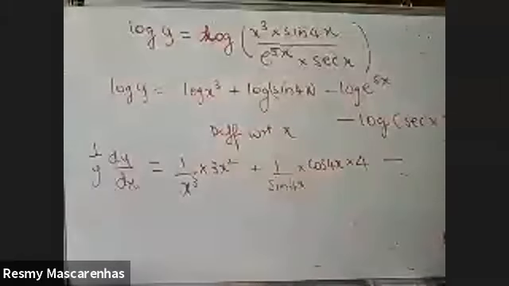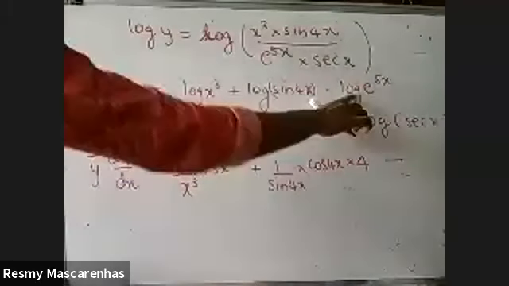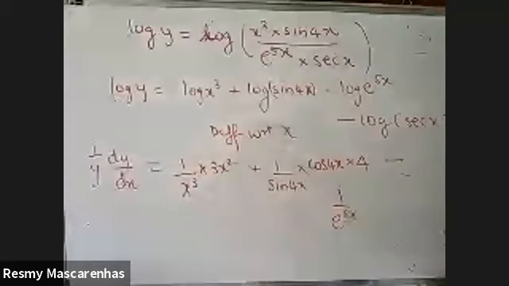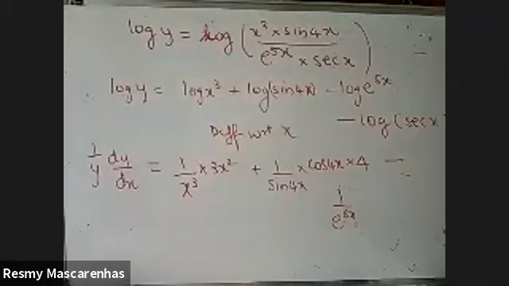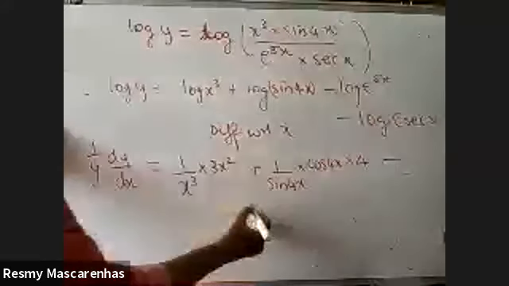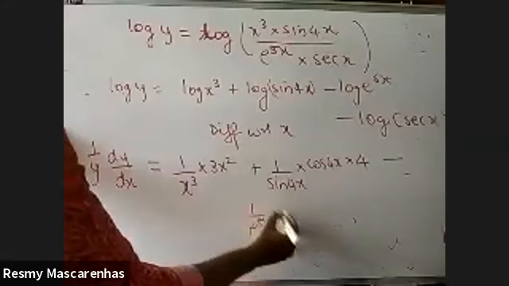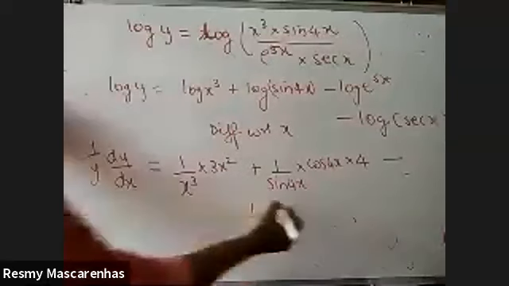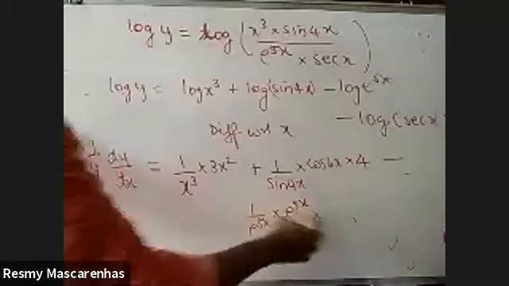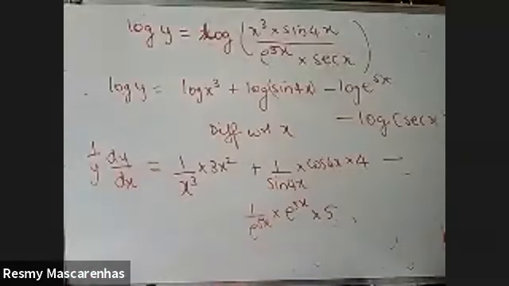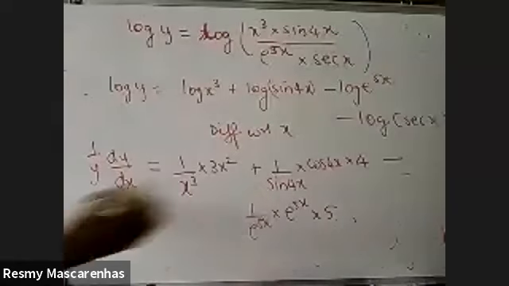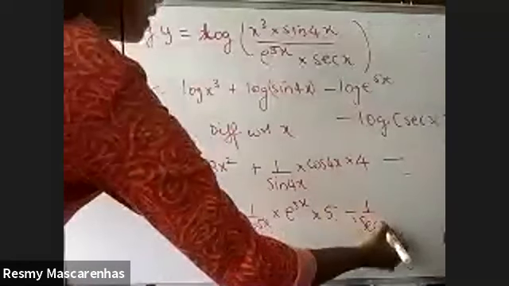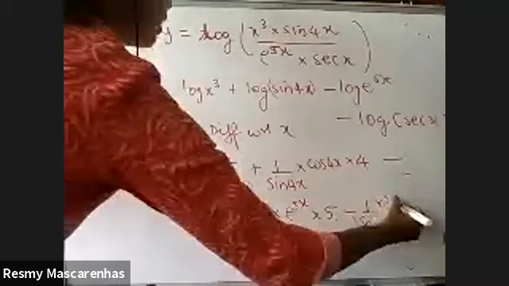Then minus log of that will be 1 upon e raised to 5x, into what is derivative of e raised to 5x? e raised to 5x only, and again 5. Then 1 upon sec x. Derivative of sec of x is how much? Sec x tan x. Yes.